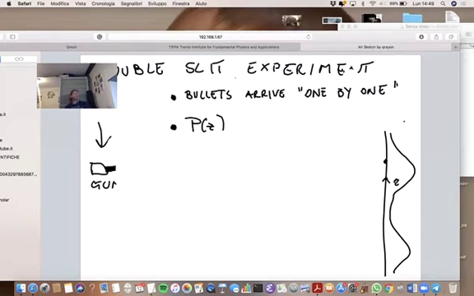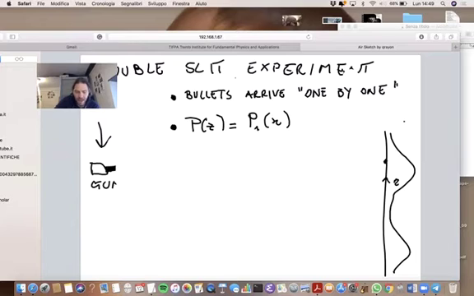And based on this probability, I can predict the odds for future events. I use the first 100,000 bullets to build this probability, and then I have a good statistical model to predict where the next bullets are going to come, right? And this probability, which I built for the entire system, is actually the sum of two probabilities.